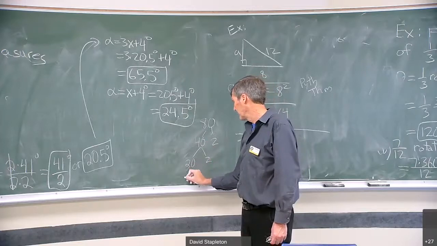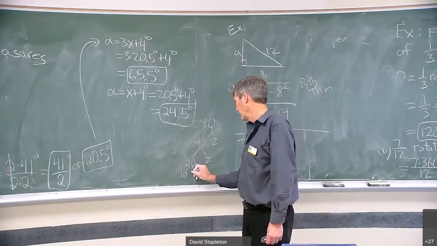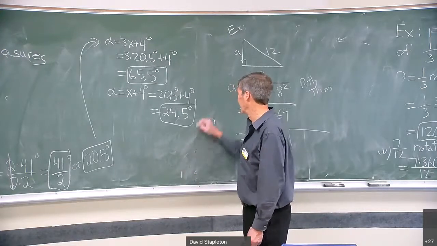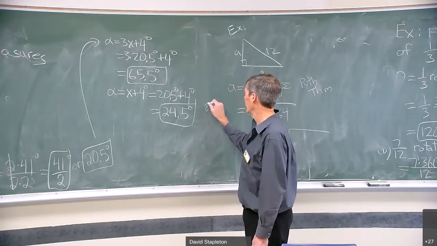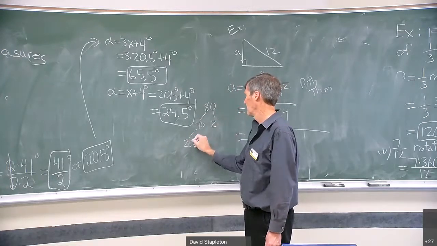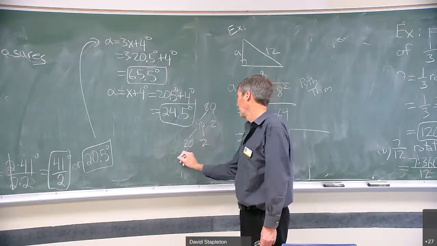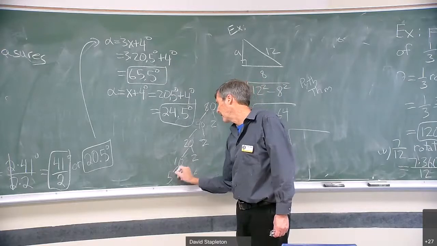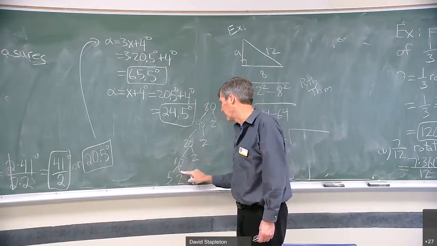But 20 is 10 times 2, and then you can keep going like this. And then finally, 10 is 5 times 2, and 5 and 2 are prime numbers divisible only by 1 and themselves.